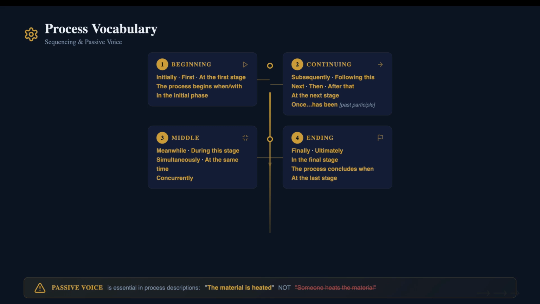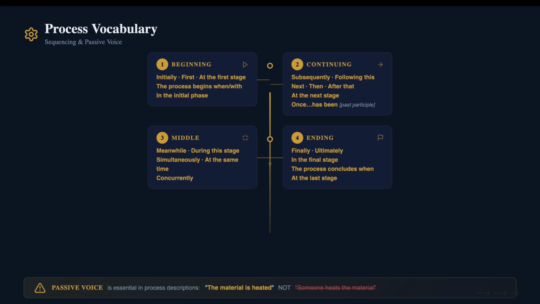Again, these are very crucial groups of lexical resources which you can make use of in your IELTS writing task, to describe a process diagram or even a map, so that you can earn a higher band score.